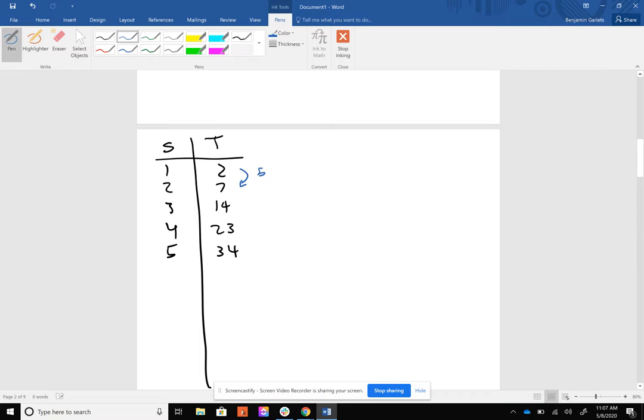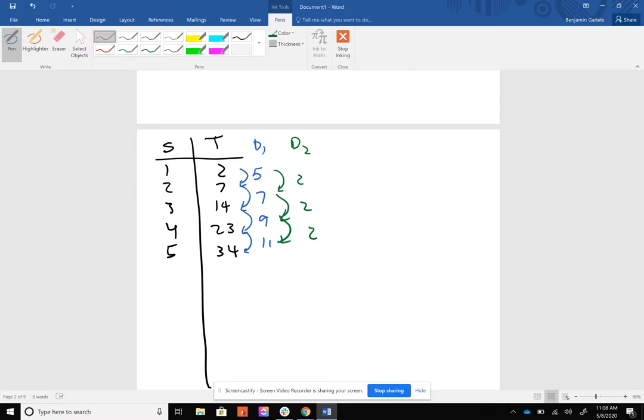I'm adding 5, right? 2 plus 5 is 7. 7 plus 7 is 14. 14 plus 9 is 23. 23 plus 11 is 34. Oh, look, we have a pattern here. And it should have two finite differences because I gave you the quadratic. So if we check that, you'll notice 5 to 7 is 2. 7 to 9 is 2. 9 to 11 is 2.